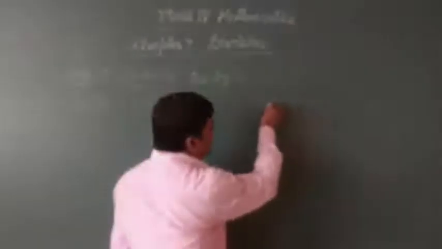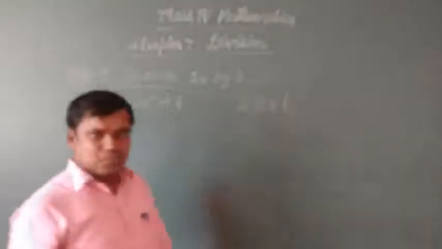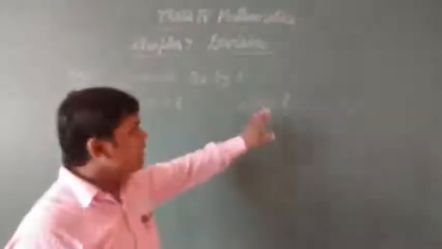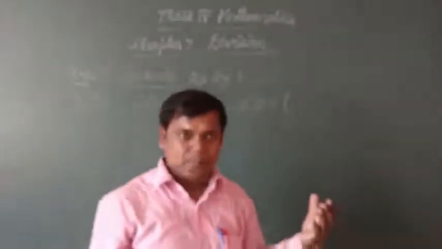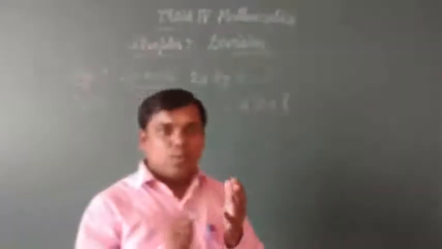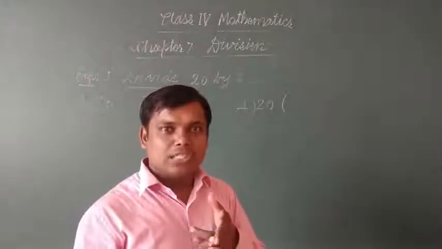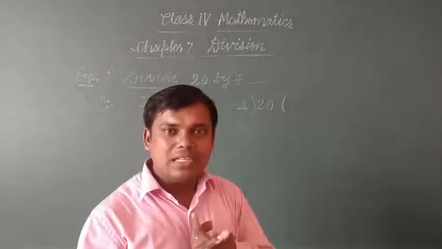Now you know that we write like this also, 20 is divided by 4. So we start to read the table of 4 to reach near 20, or it may be equal to 20. So we read the table: 4 1 ja 4, 4 2 ja 8, 4 3 ja 12, 4 4 ja 16, and 4 5 ja 20.